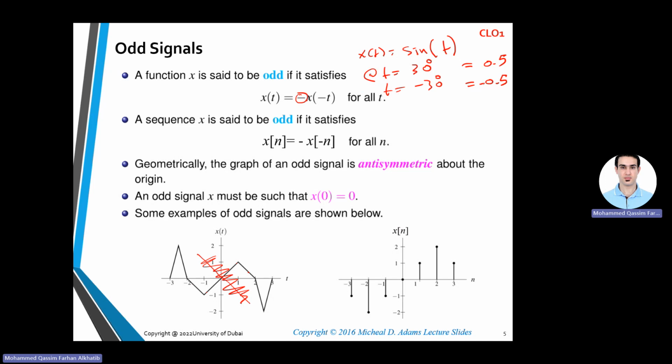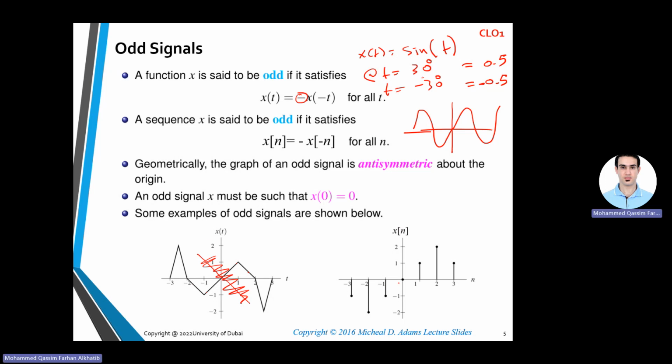When you apply it here to the sinusoidal, for example, you have 0.5 at 30 degrees and negative 0.5 at negative 30. So when you reverse the point in time, or give a negative sign to the point in time, you will get the negative sign on the function itself. Also, if you remember drawing the sine, you start from 0, something like this, and it continues this way.